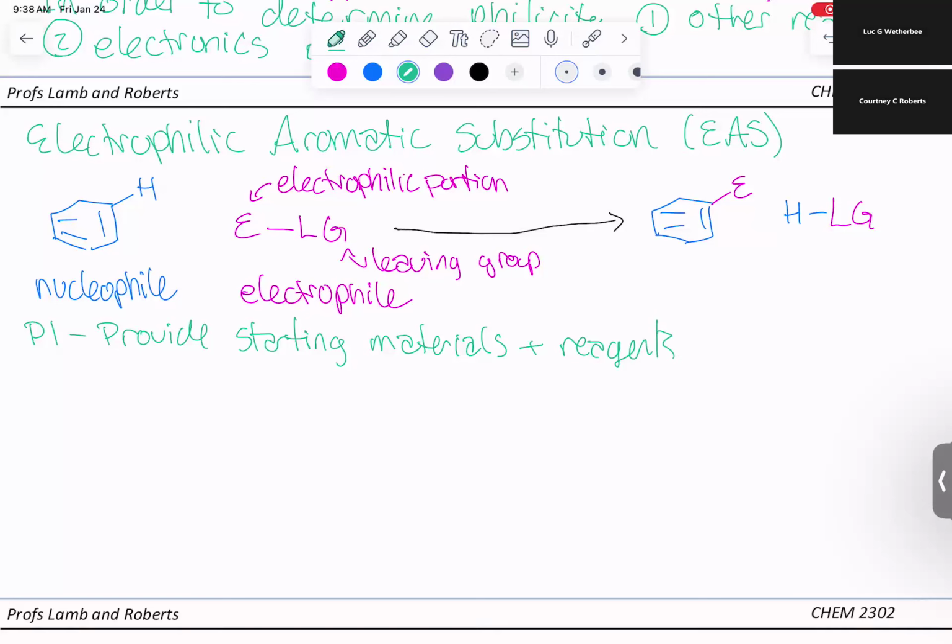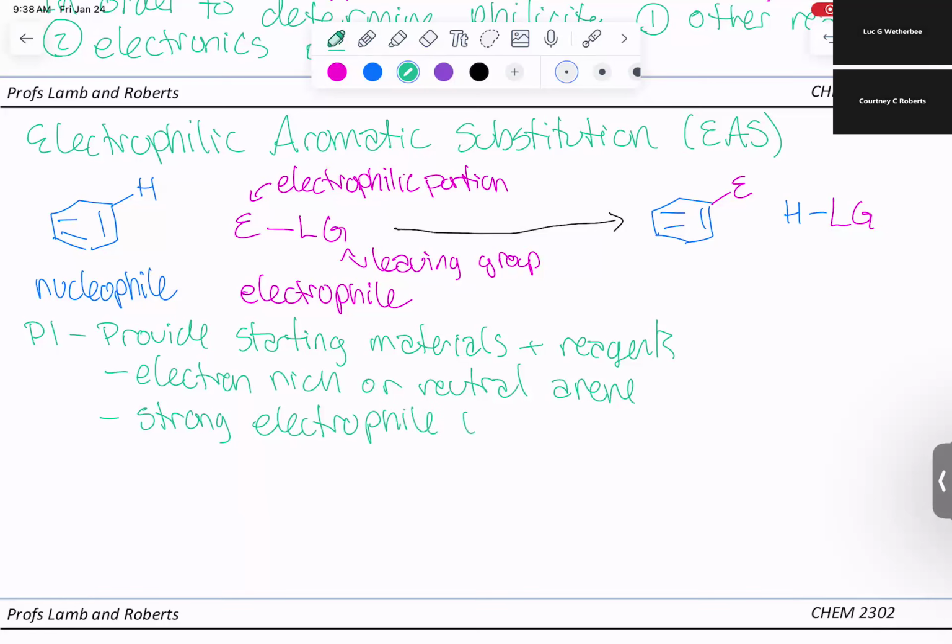In this scenario, this is our electron-rich arene, labeled as our nucleophile there. Or it could be neutral as well. Actually, I'm going to add that caveat in: electron-rich or neutral arene. Now we also have our strong electrophile with a good leaving group.